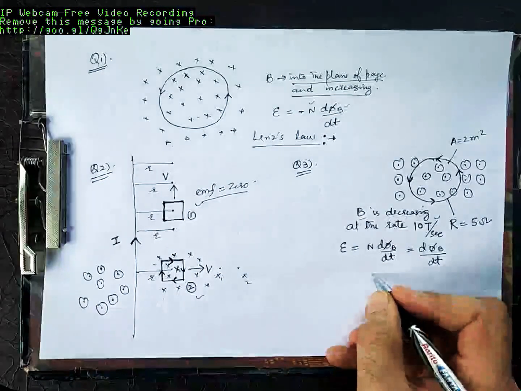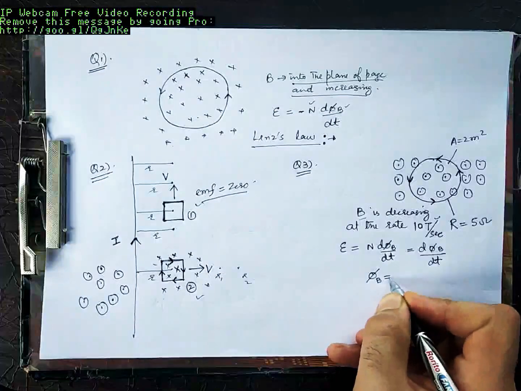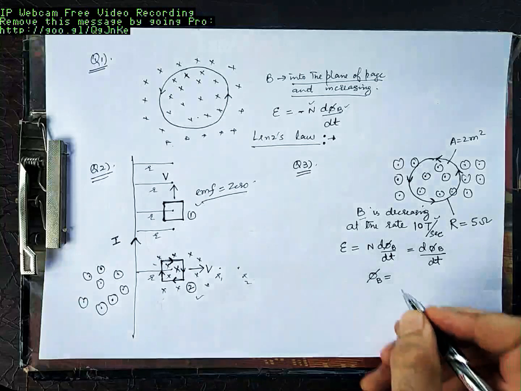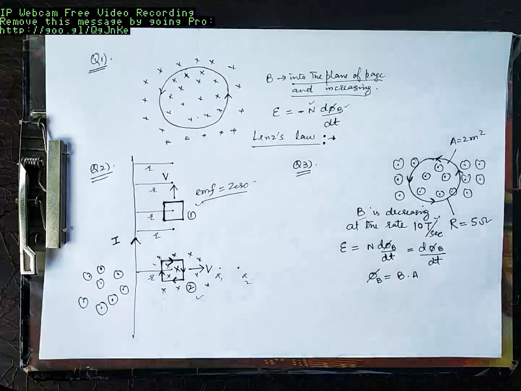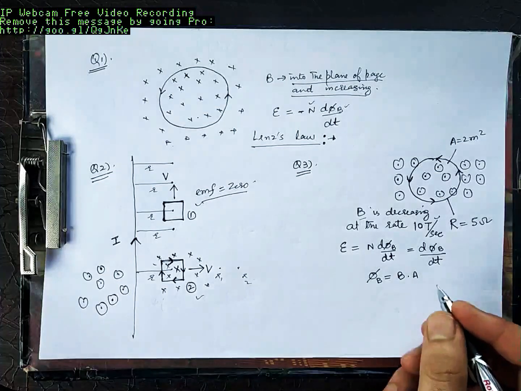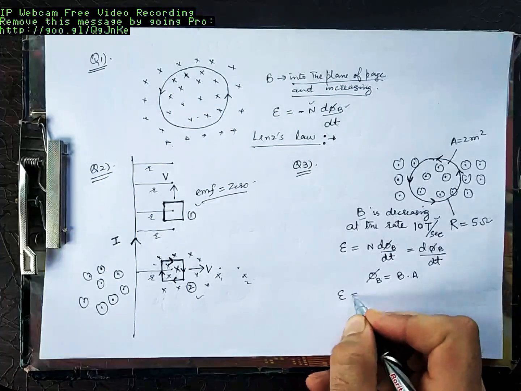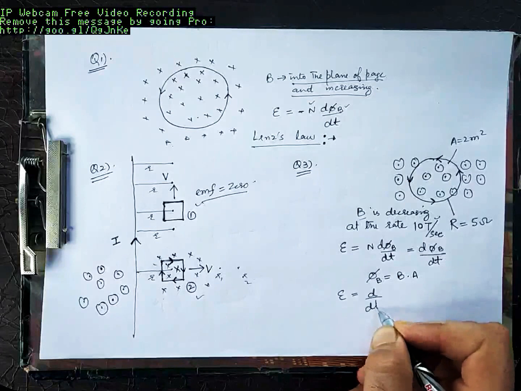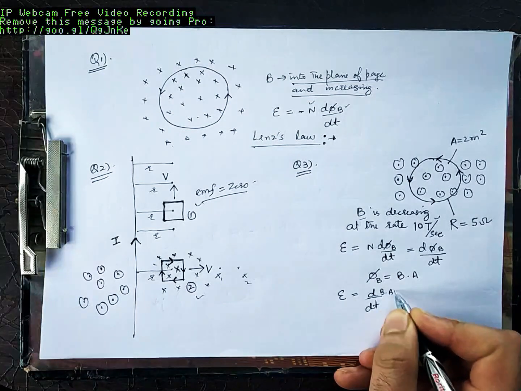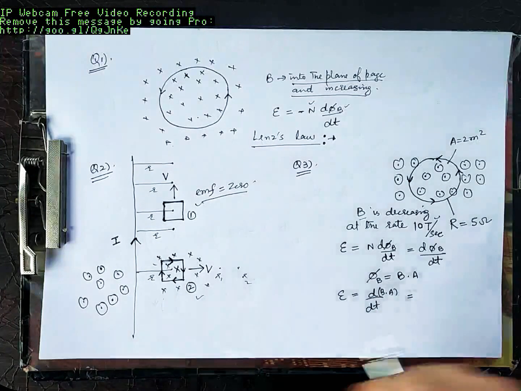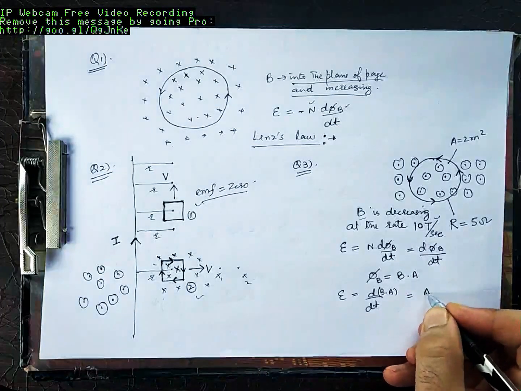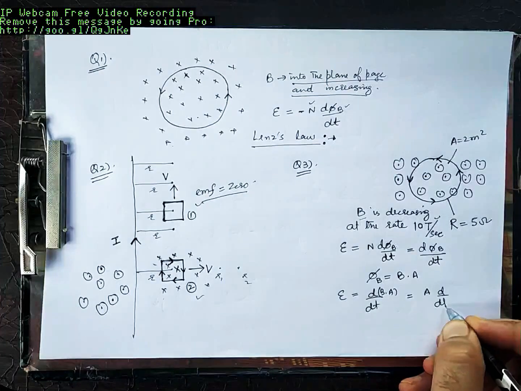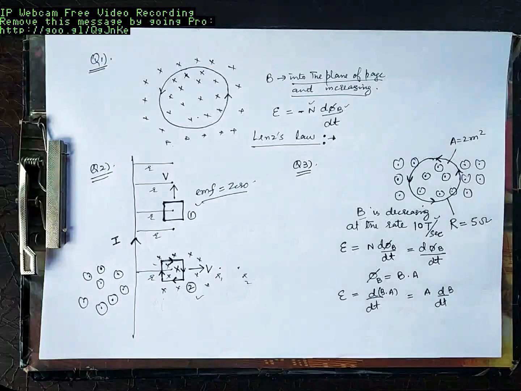We also know flux φB is equivalent to magnetic flux density B times area A. So induced EMF E is d by dt of B dot A. Since the area of the loop is constant, you can take it out of the differentiation, so this becomes A times d by dt of flux density B.